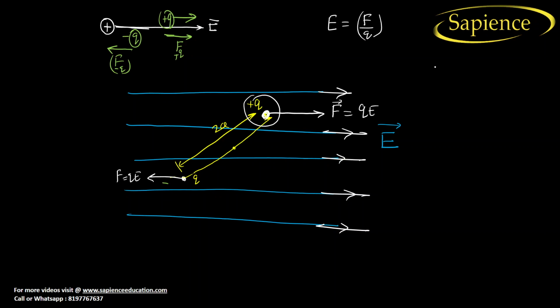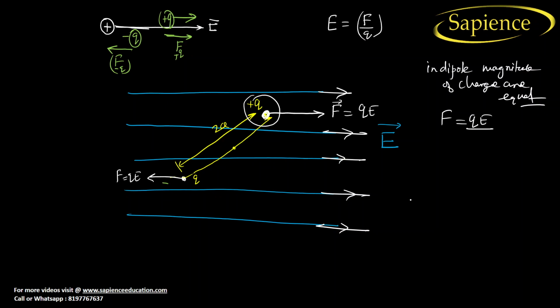See, in a dipole the magnitudes of the charges are equal. So if the magnitudes of the charges are equal, then the force F is equal to QE, one in this direction, another in this direction.